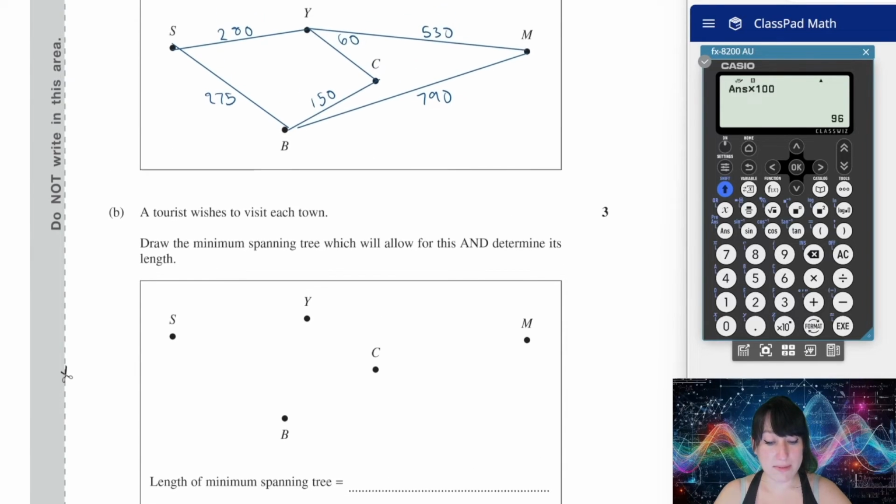So to create a minimum spanning tree, we can use Kruskal's algorithm or Prim's algorithm.